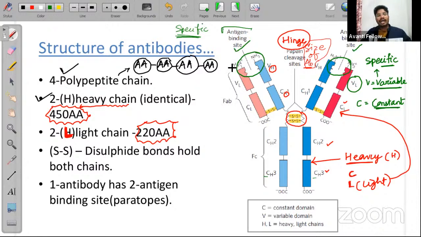So in one antibody there are two antigen binding sites present, and the antigen binding sites are also called your paratopes. Can you see that one? This particular thing is also called paratopes. Is that clear to everybody?